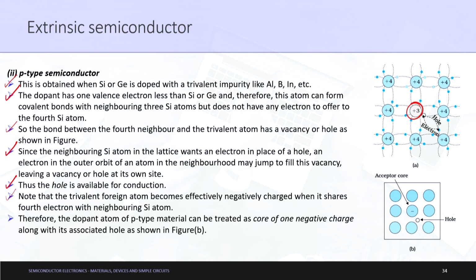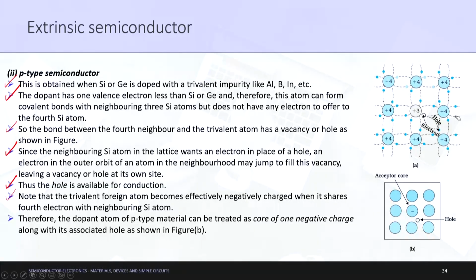If you try to add an electron for its conduction, then there will be negative charge, quite evident. If an electron is being added, then negative charge is being added into the trivalent atom. Therefore, the dopant atom of the p type material can be treated as a core of one negative charge along with its associated hole as shown in the figure.